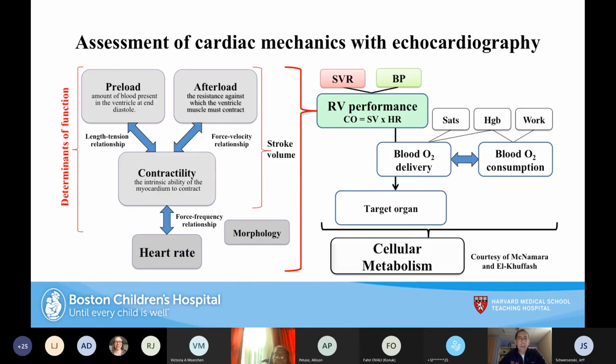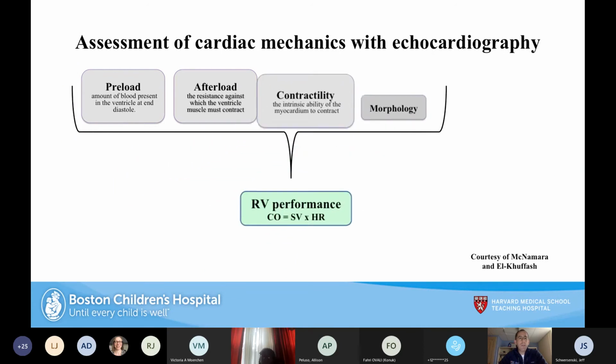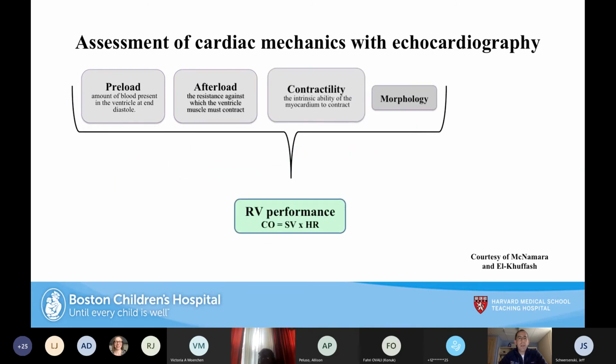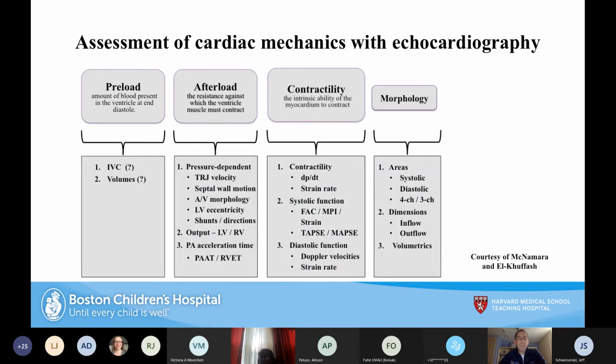So basically, if you try and understand the measures, we should go back to the determinants of cardiac function. This is an example of RV performance. If you're looking at measures of preload, afterload, and contractility, and morphology, you can look at specific measures that can be obtained by echocardiography.